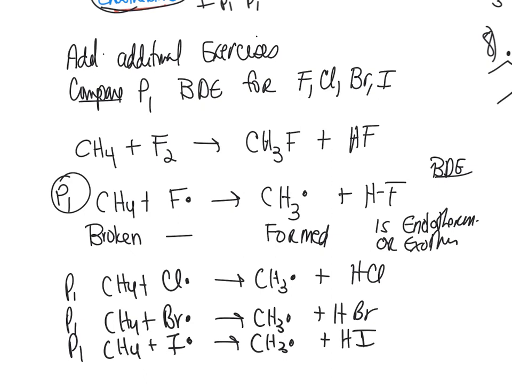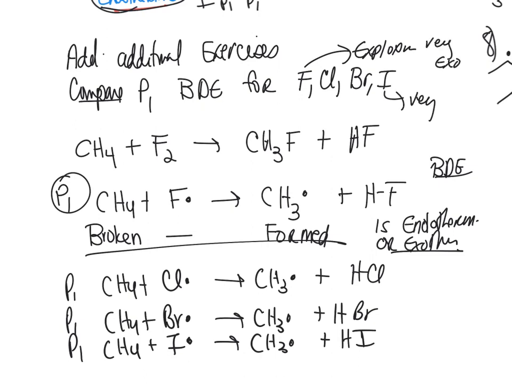When you calculate that, tell me, is it endothermic or exothermic, and by how much? And that's why you're going to find, if you do this correctly, that fluorination is explosive. That means it should be very exothermic. Iodine will be very endothermic, and so it's not reactive. Chlorine is not selective, but it'll happen, and bromine is selective.